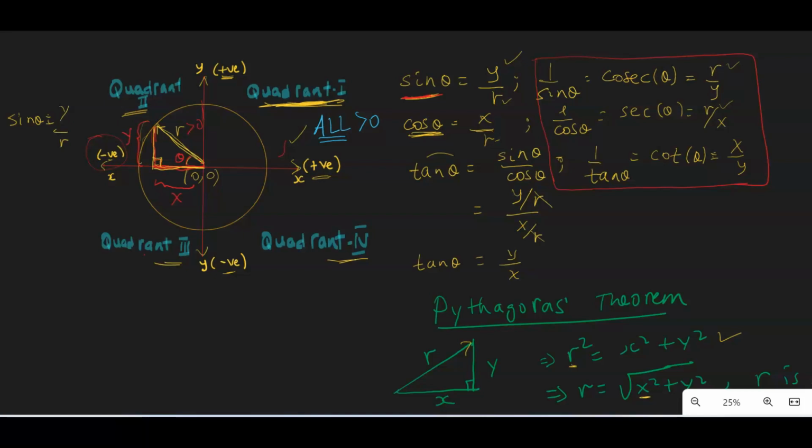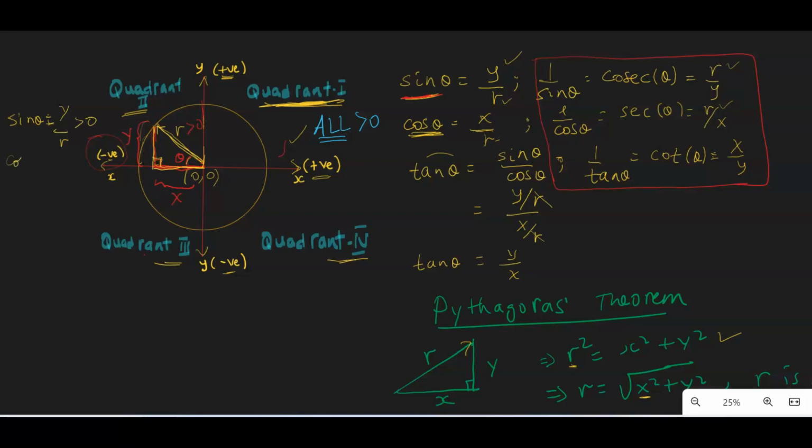So y is always positive because it's above the origin 0. That means the y value here is always positive, and divided by radius, which is always positive. So sine of theta is always greater than 0 in quadrant 2.